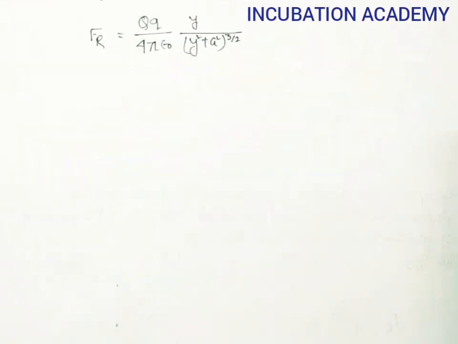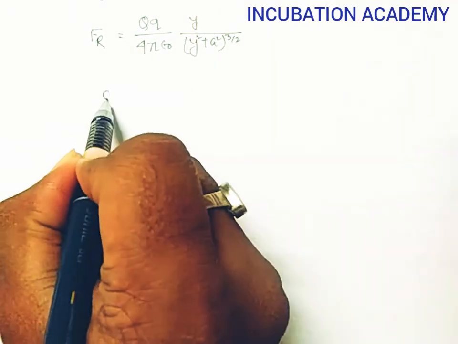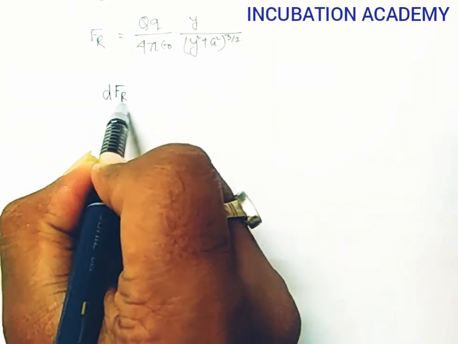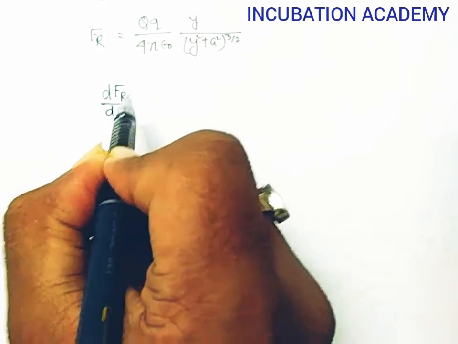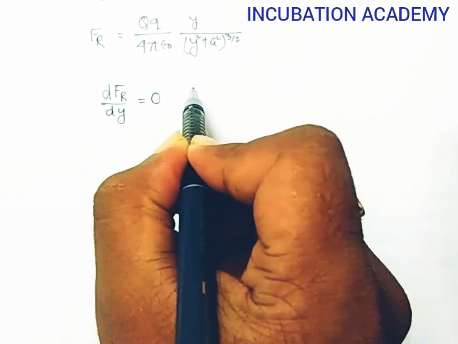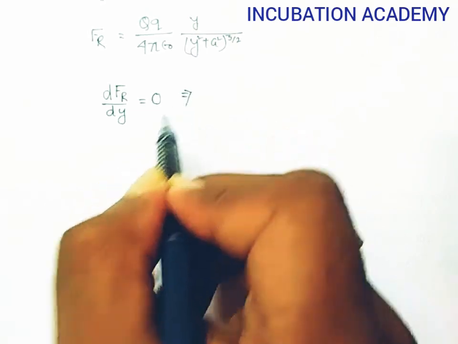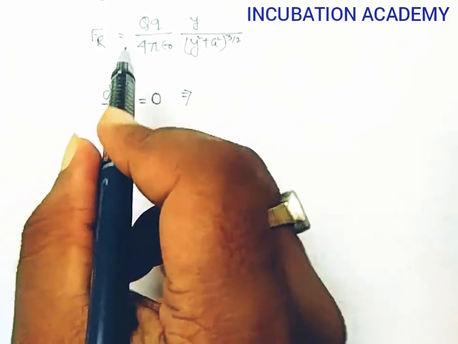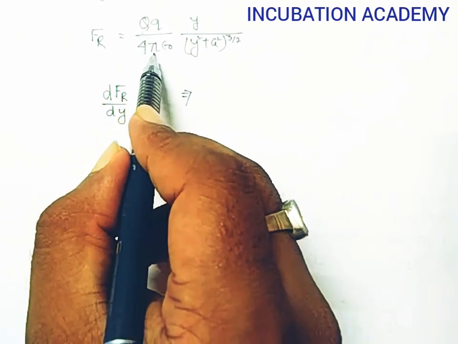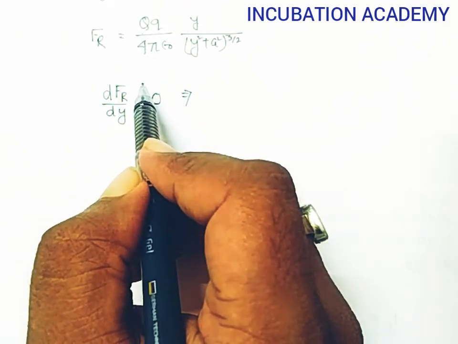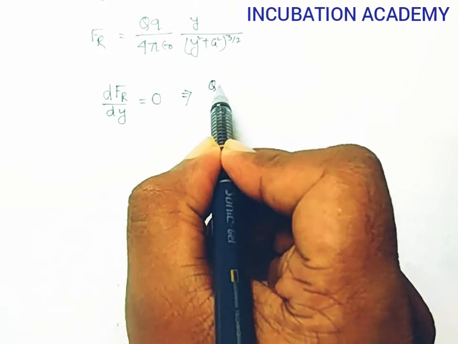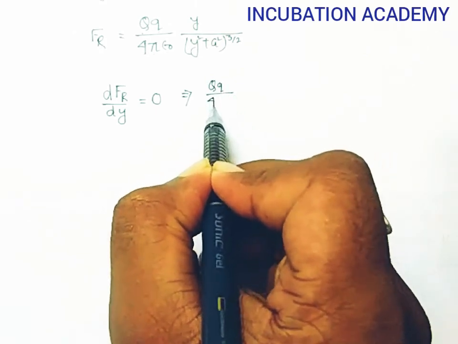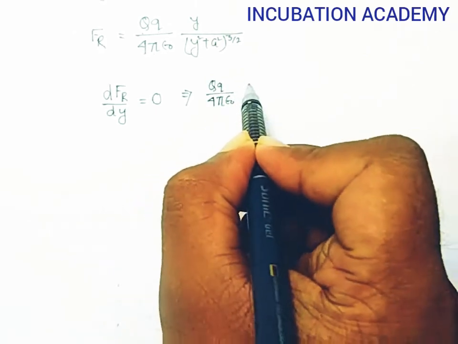To find the value of y for which the force acting on capital Q will be maximum, we have to differentiate this expression with respect to the variable, that is y here, and set it to 0. And from here we get the value of y. In doing the differentiation, capital Q, small q, and 4 pi epsilon 0 are all constants, so I can take them outside the differentiation.